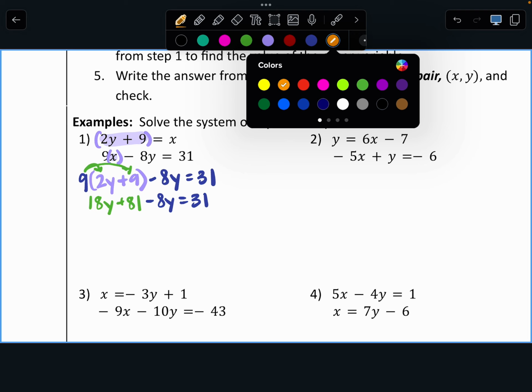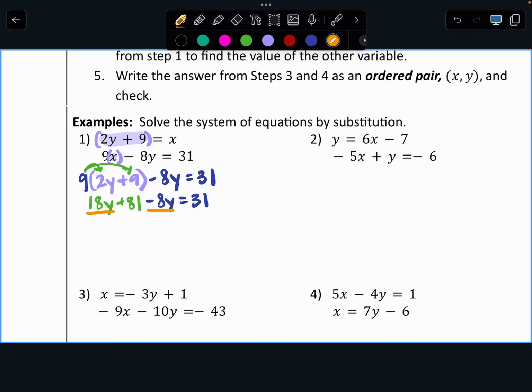So 18y and negative 8y can be combined. That's 10y plus 81 equals 31. And now we just solve. Subtract 81. And then divide by 10. So y equals negative 5.